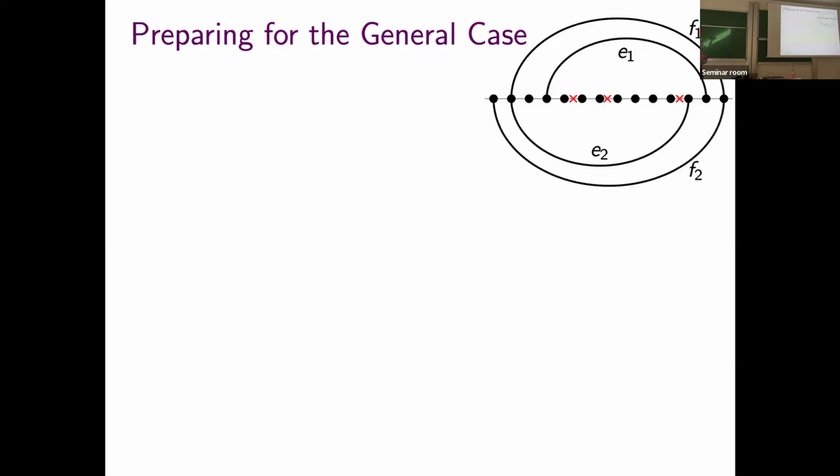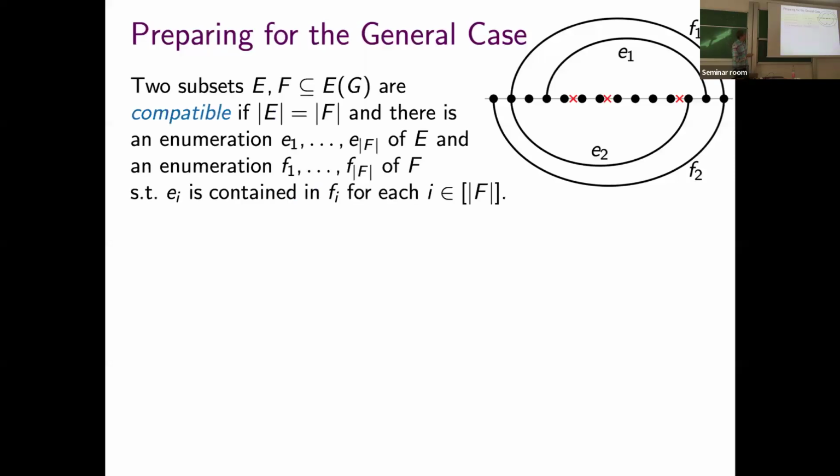A small thing beforehand. So here are some edges that all go across the same hitting points. This pair of edges is on page 1, this pair of edges is on page 2. Maybe we have more pages, but then it's difficult to draw.